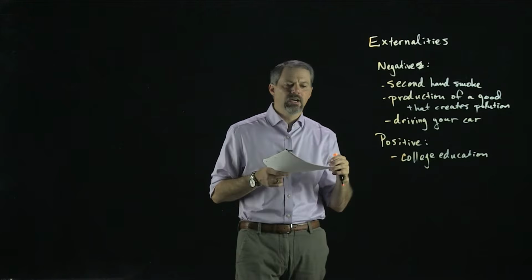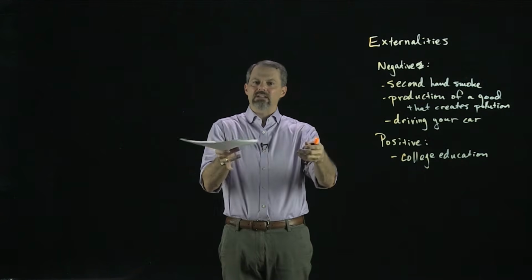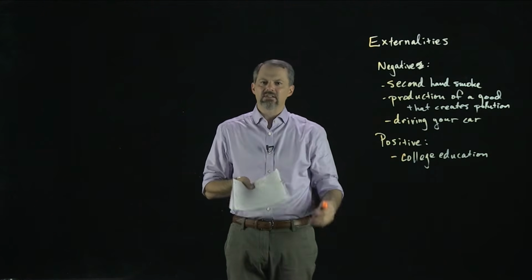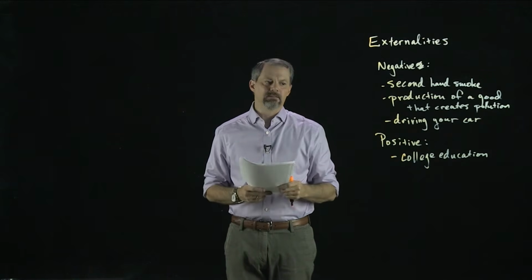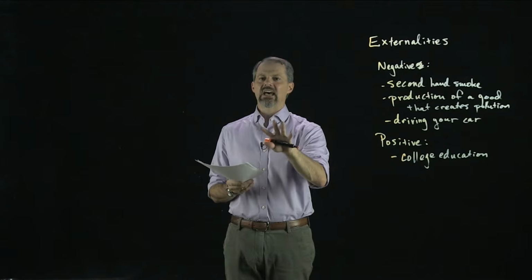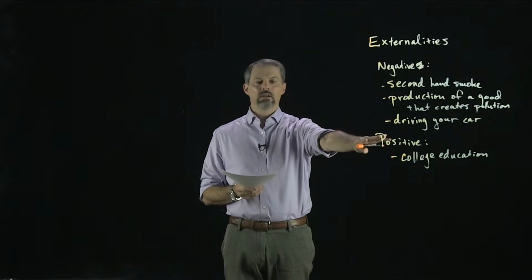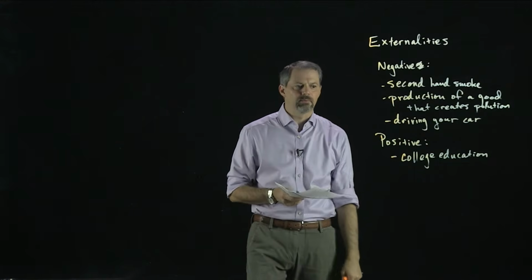They tend to be more productive in society, and when people are more productive, that benefits me. So you getting your college education actually passes on a little bit of benefit to me because it improves society. Not a lot. You actually capture a vast majority of the benefit of your college education, but there is some benefit that you pass on to other people.